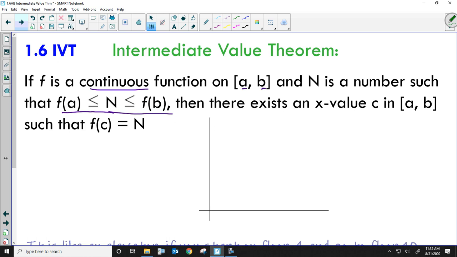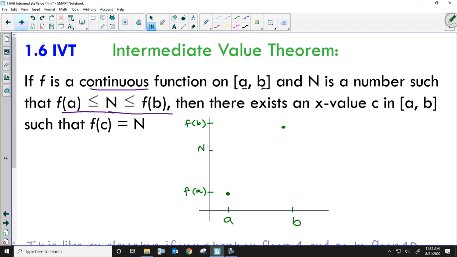So if f is a continuous function on the interval a to b, so there's my a to b x values, and then I've got the outputs, who knows where they are, but let's say that the output at a is right there, and then let's say that the output at b is right there. So those y values are f of a and f of b respectively. And then there's this number n that's anywhere in between those two y values.